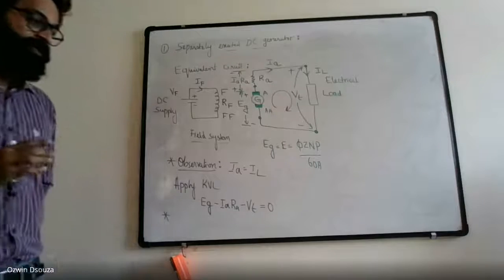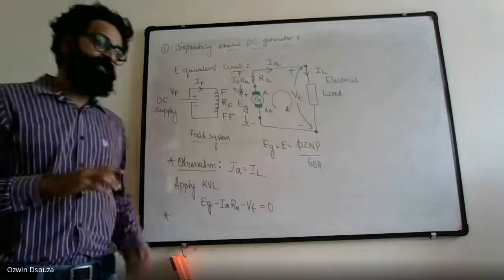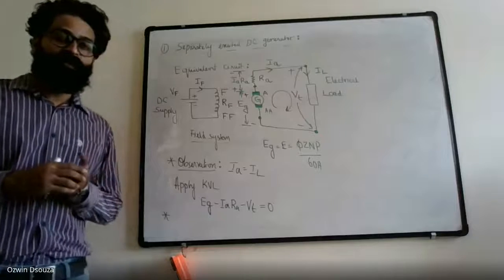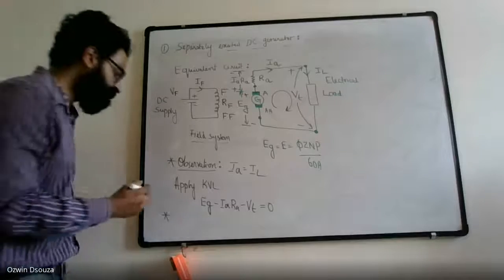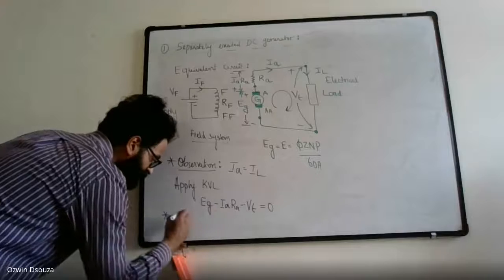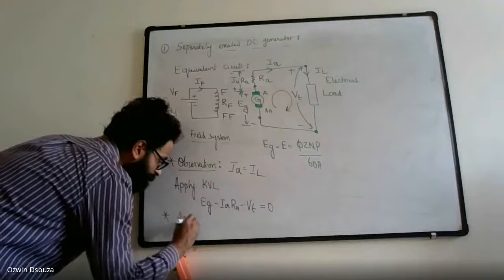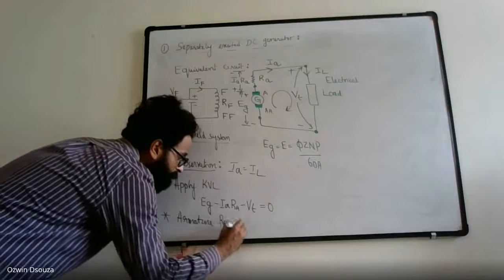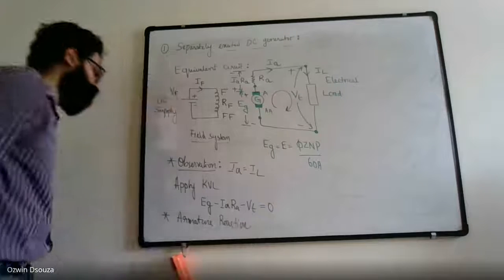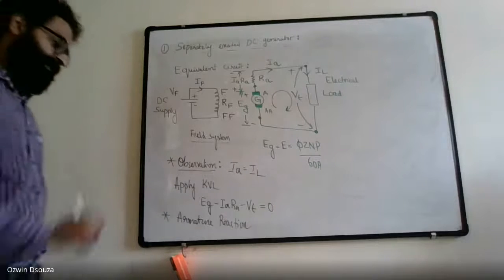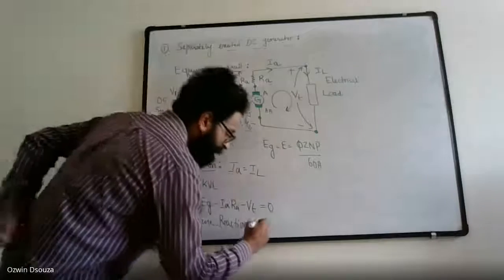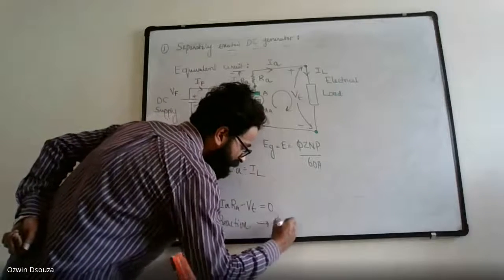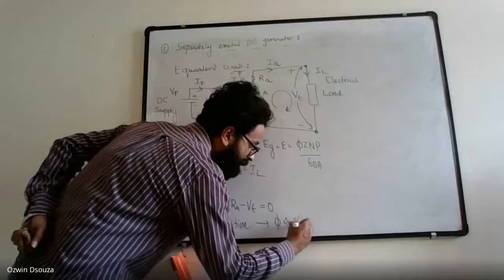So what happens in a DC generator is that the interaction of the main field and the armature field gives rise to a concept called armature reaction. Due to armature reaction, the flux phi is slightly reduced.